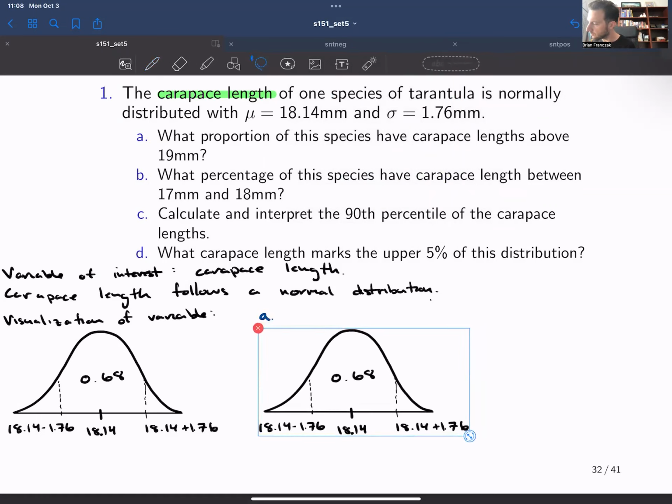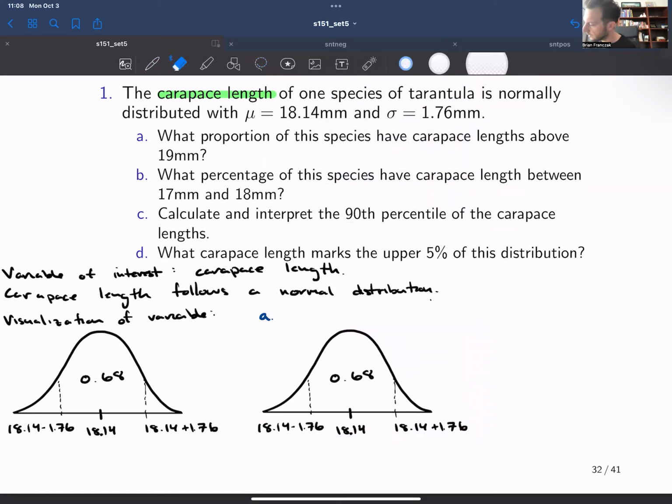Well, if we take our normal curve, we can erase these parts here, right? We just need the mean. So if we take a sketch of a normal curve, you can redraw the curve. You don't have to use the exact same one. Right now, what we're going to do is mark down roughly where 19 is. We don't have to be precise, but we know that the middle is 18.14.